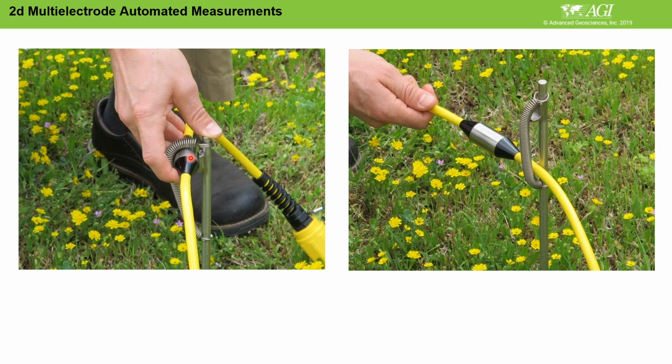That's very important to improve your contact resistance. Make sure the rod is inserted in the ground very tightly, that it's not moving and not shaking. The other thing is that the cable has really good contact with the stainless steel electrode. That's another issue to make sure of.